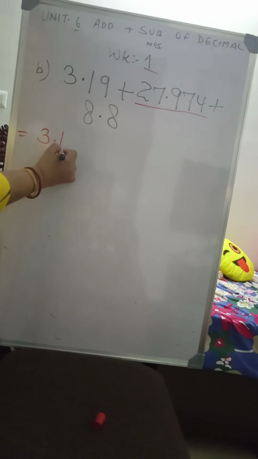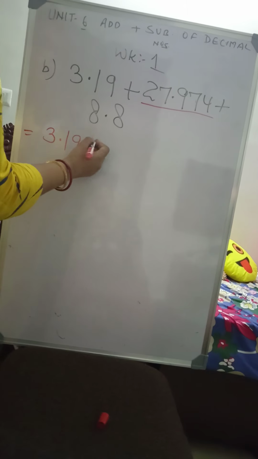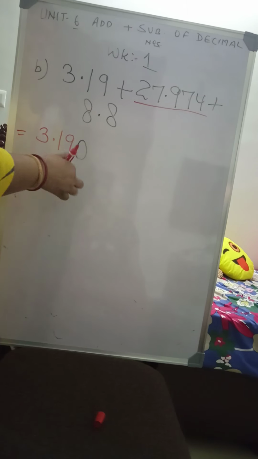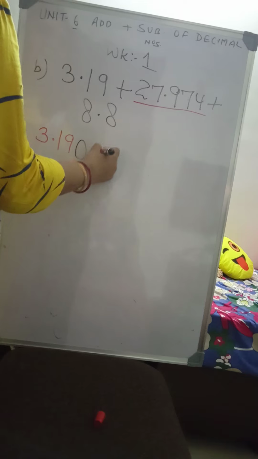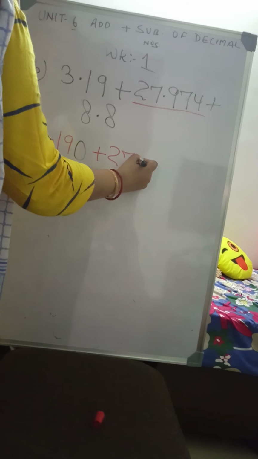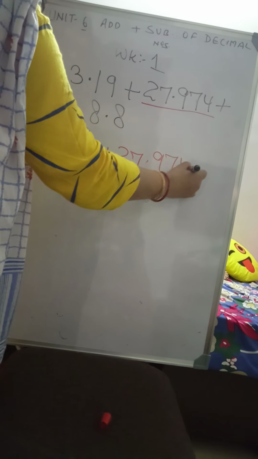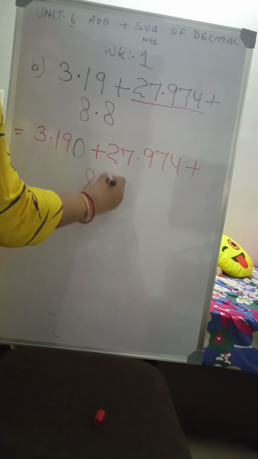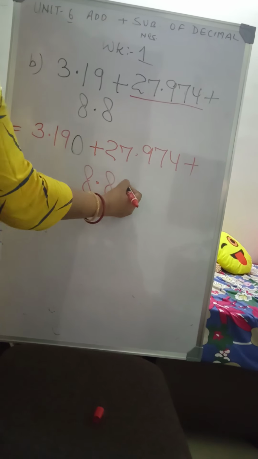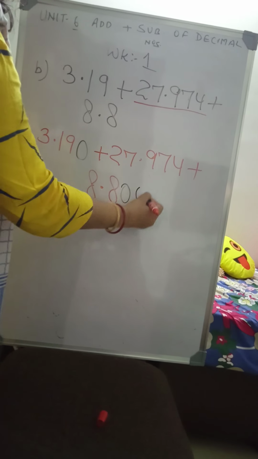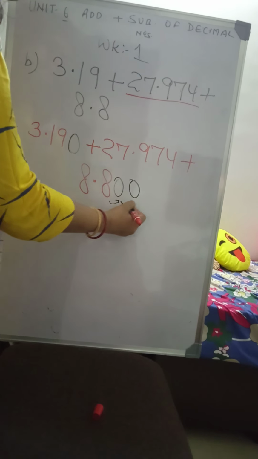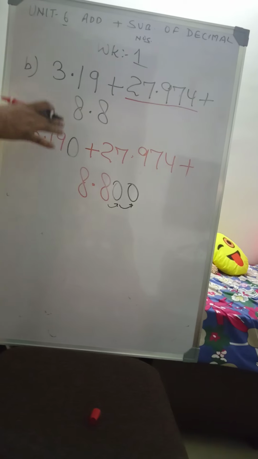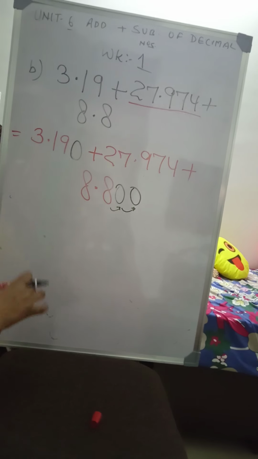Write down 3.19, put 0 to the right side of this 9, and then 27.974 plus now 8.8. Now in order to make it 3 decimal places, put 2 zeros to the right side. Right? Now arrange these 3 addends in column.